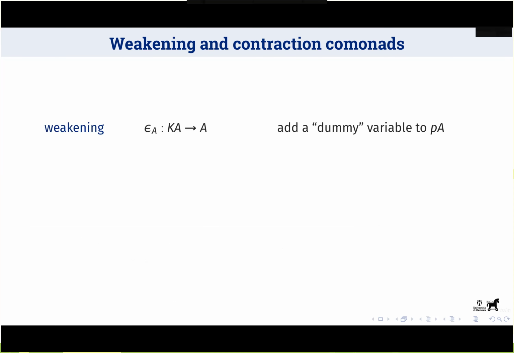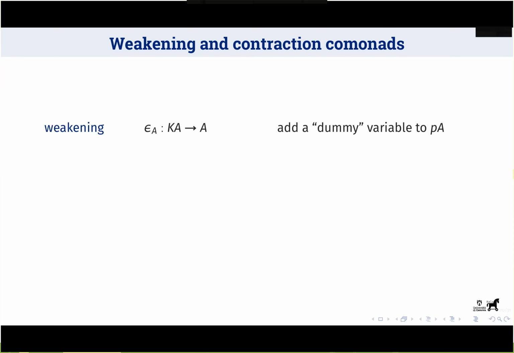Why do we call this weakening and contraction? Well, the weakening part is precisely the co-unit. So this is what will be the extension part. The weakening is a morphism, and you can imagine it as adding a dummy variable to A and then subsequently to P of A. And the contraction part, of course, is that if we have two variables, then we can collapse them to one of the two.